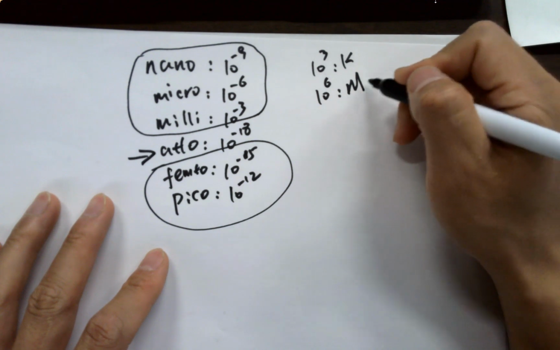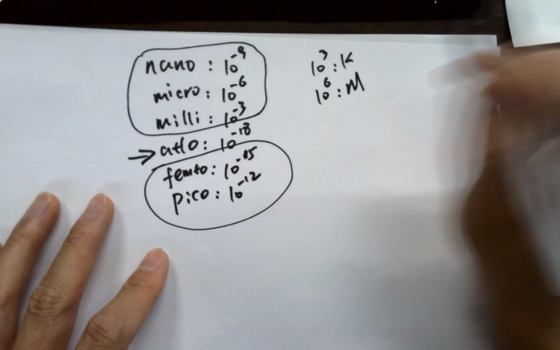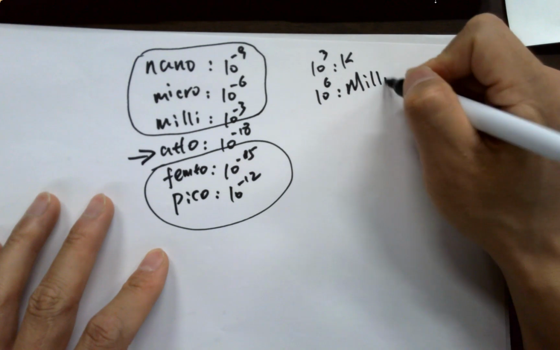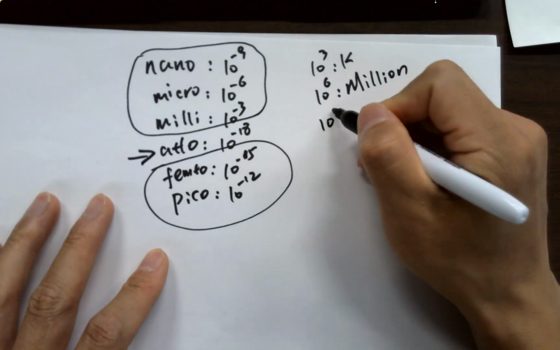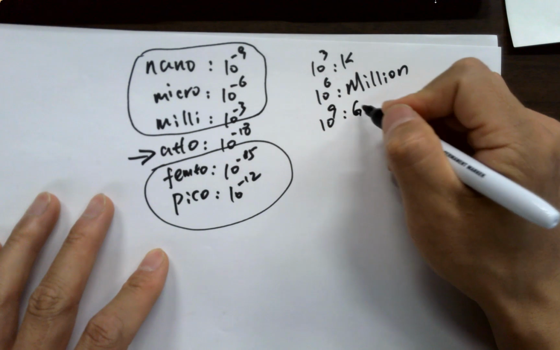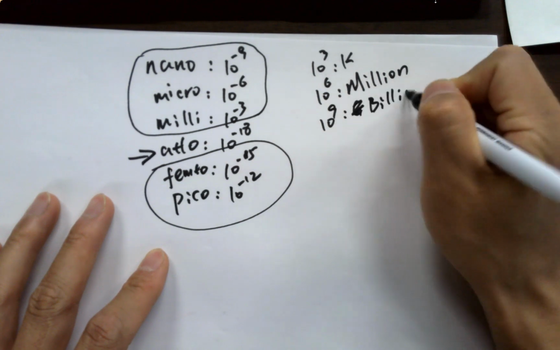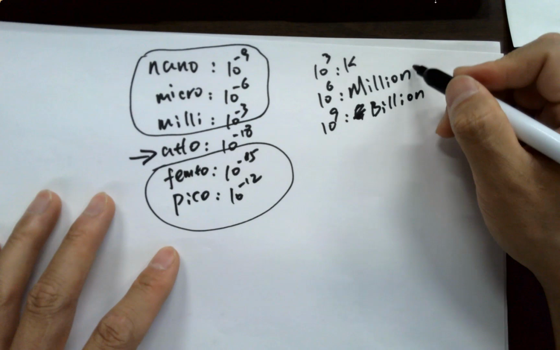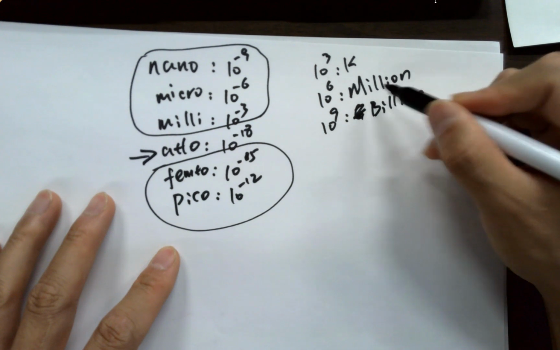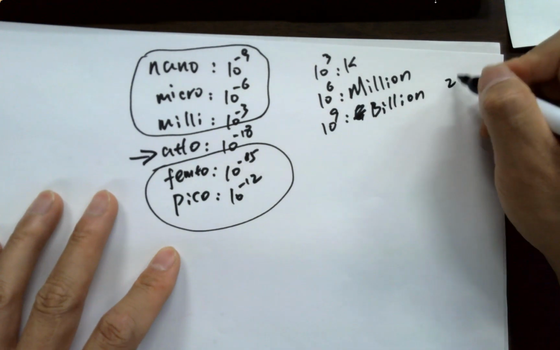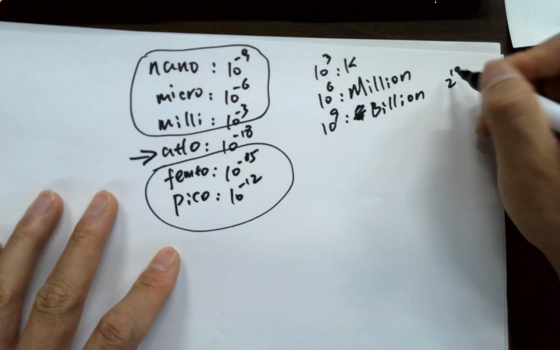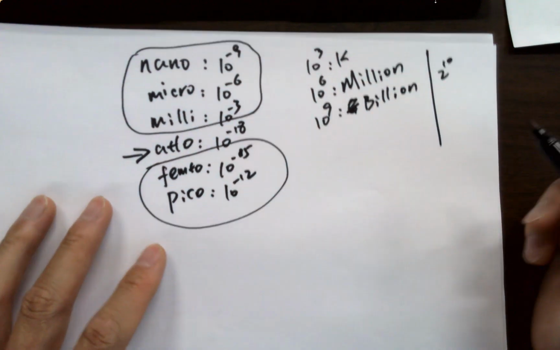In digital, it's mega; elsewhere, it will be million. A billion or giga, but it's not exactly mega or giga because digital uses powers of 2, like 2 to the 10. If you take logic, you'll learn that.